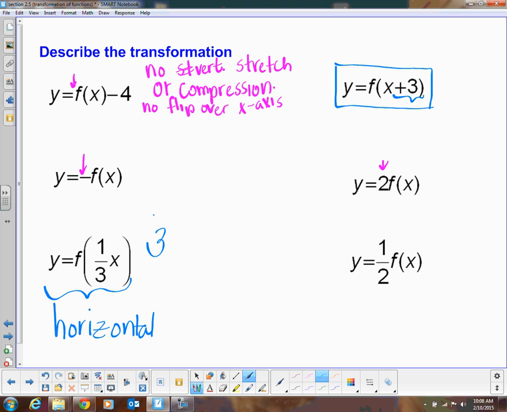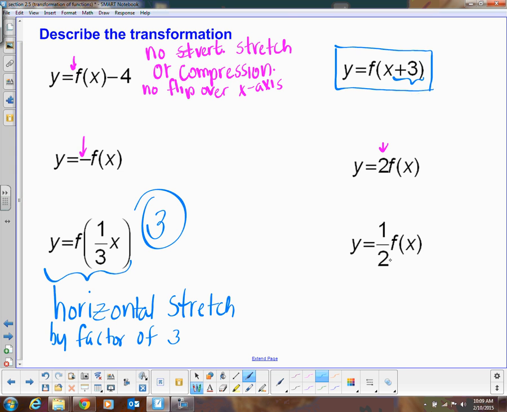Because it's all about the stretch by a factor of 3. I think we already talked about that one, correct? That was a vertical compression by a factor of. Okay, these weren't real interesting here.